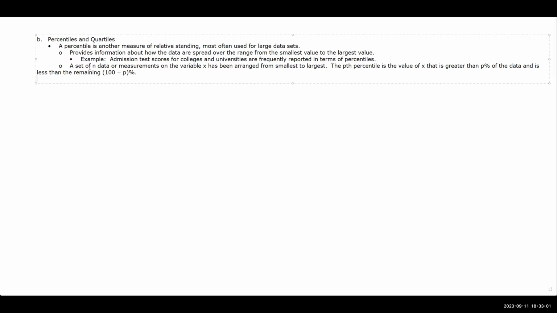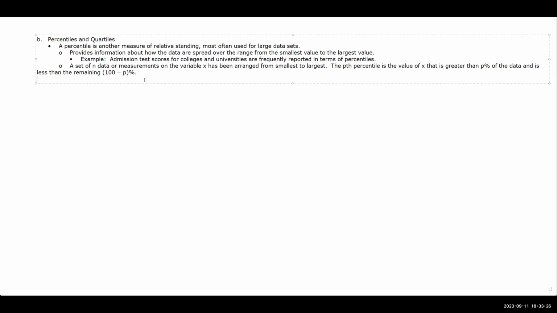Okay. A set of n data points or measures on some variable x has been arranged from the smallest to the largest. The pth percentile is the value of x that is greater than p% of the data and is less than the remaining 100 minus p% of the data.